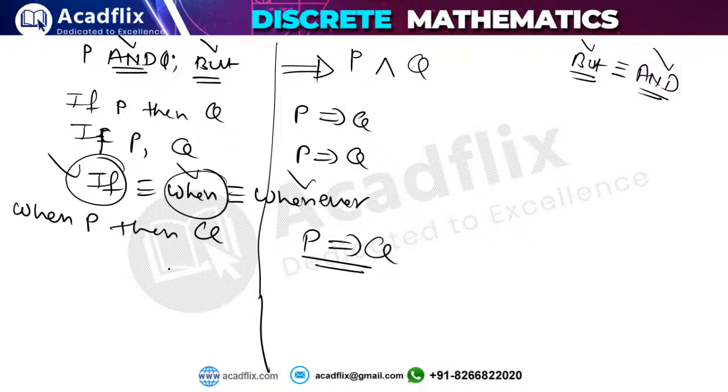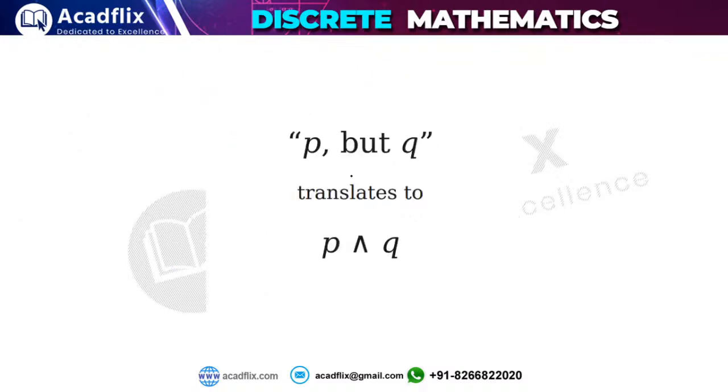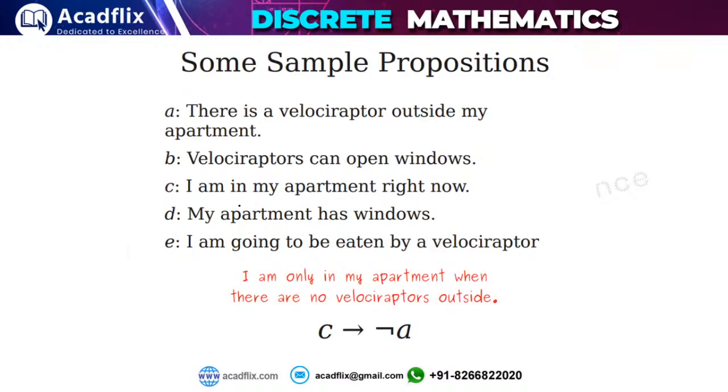Okay. Now let's see. If you have this statement, P but Q, then this will be translated as P and Q, because this but means and. Okay. So let's see this, and don't look at the answer, and translate this English statement into a propositional logic formula. The same 5 statements that we took earlier, we have taken here.